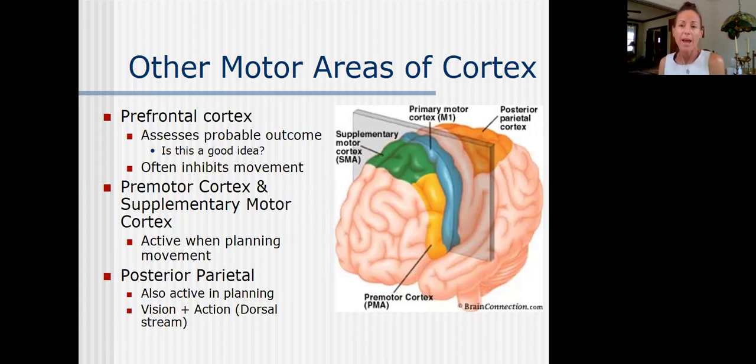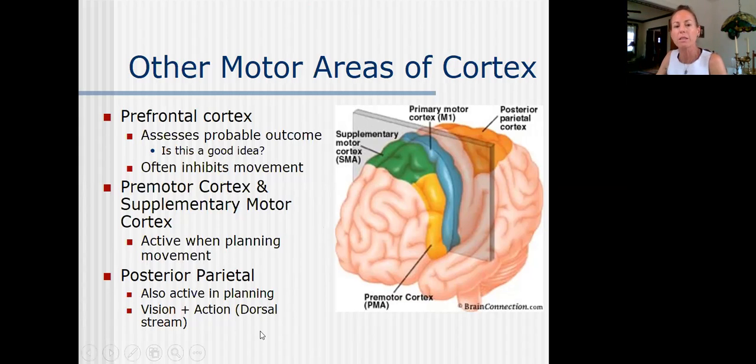And if you feel like it is dangerous, then your prefrontal cortex will have an inhibitory function on that. The premotor cortex and the supplementary motor cortex are active when planning a movement. They seem to be getting us in the mode of a movement. They're not as active when you do the movement, but they are active right before you do the movement.